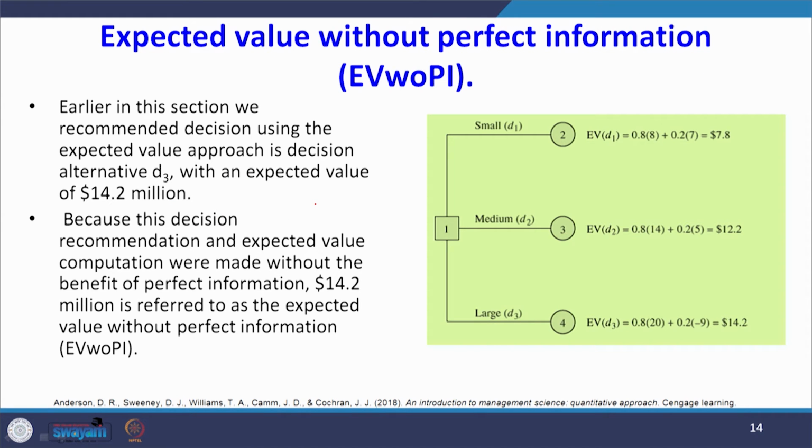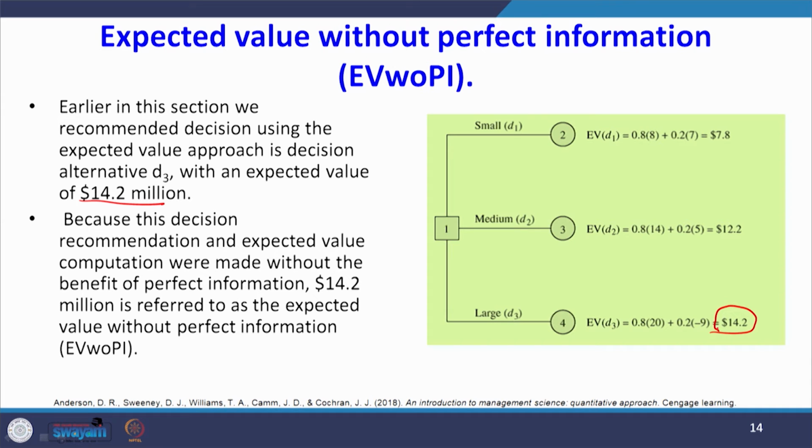Earlier in this section, the decision we recommended using the expected value approach is decision alternative D3 with an expected value of $14.2 million. Remember, when we go for expected value, our expected payoff was 14.2, because this decision recommendation and the expected value computation were made without the benefit of perfect information.